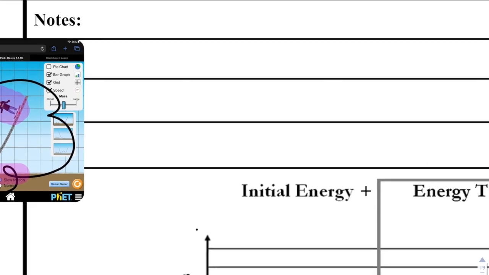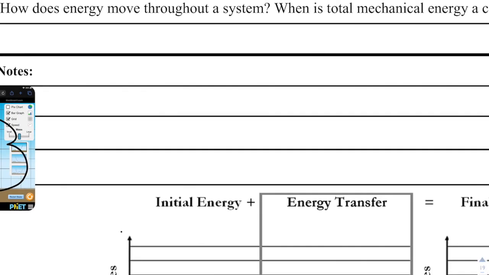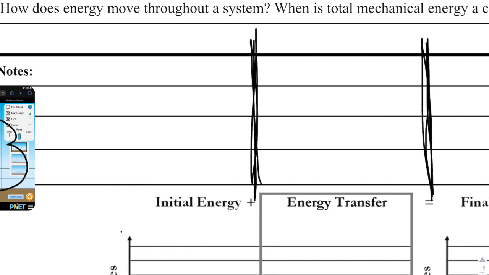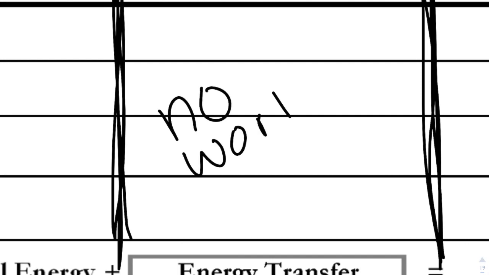Then over on the right, where it says initial energy, above this initial state, I'm going to extend my line here. This is my initial versus my final, and in between there's something called energy transfer. If energy is being conserved throughout the system, there is going to be no work or energy transfer.